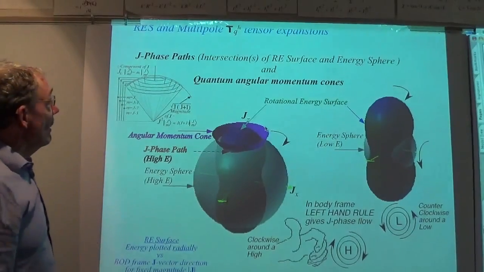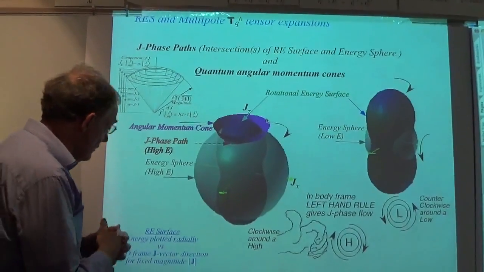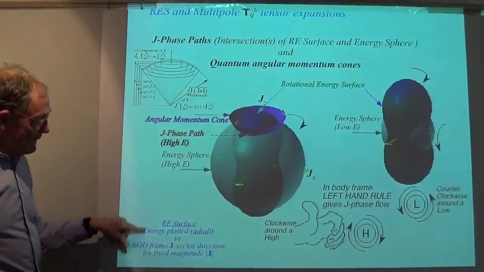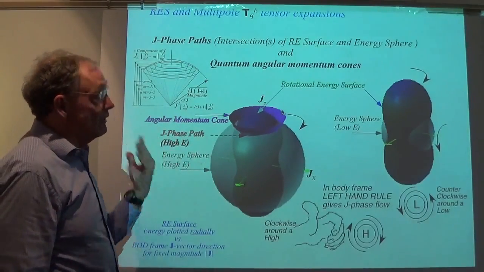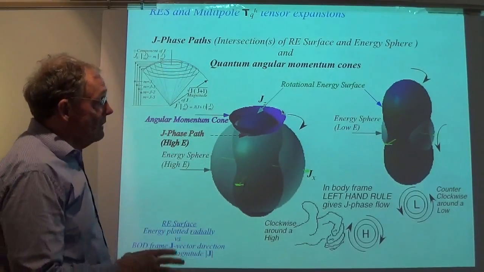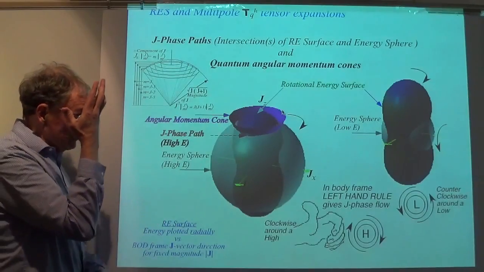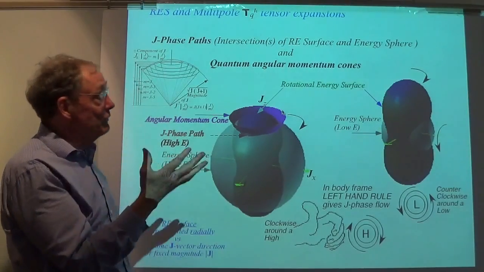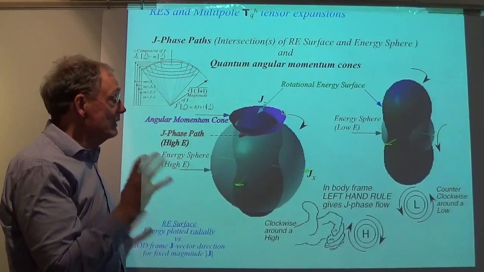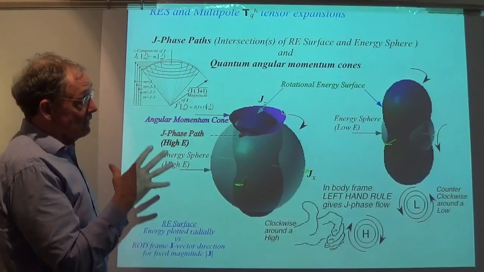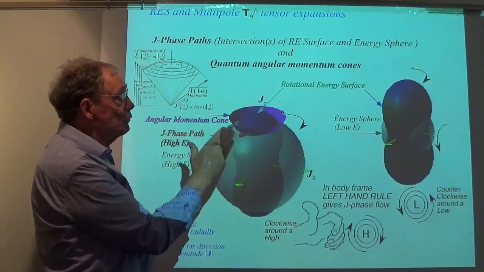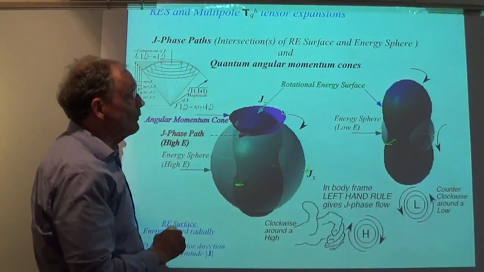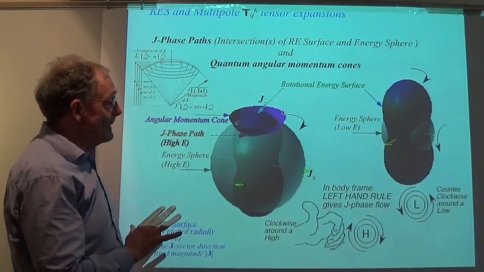Now, with respect to our rotational energy surfaces, which, as I remind you, are plots of the direction of a vector that doesn't change its length, and that's what a free rotor would do. It would not change the length of the angular momentum vector. That's going to be conserved because in the lab frame, the angular momentum vector in a classical sense would be fixed to the stars, both in direction and length.